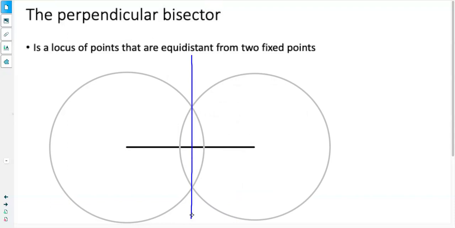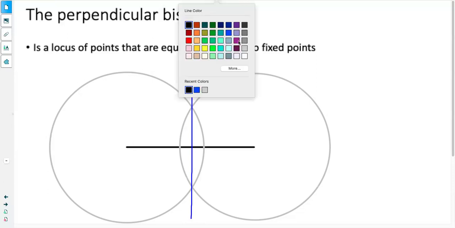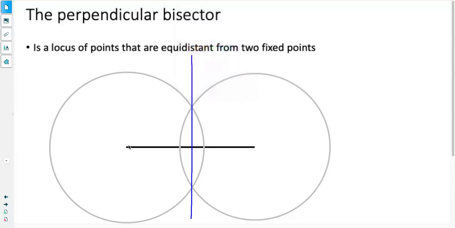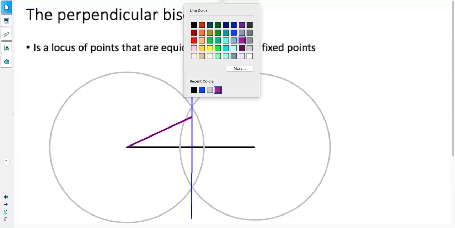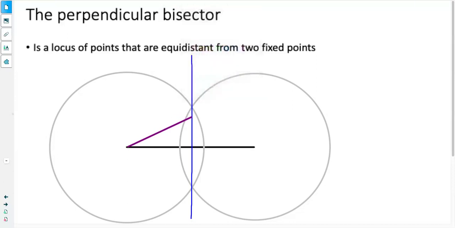And perpendicular bisectors are a locus of all points that are equidistant from two fixed points. What that means in this context is, for example, if I draw a line from here to, let's say, here, and measure that, I get a distance of 4.7 centimeters.